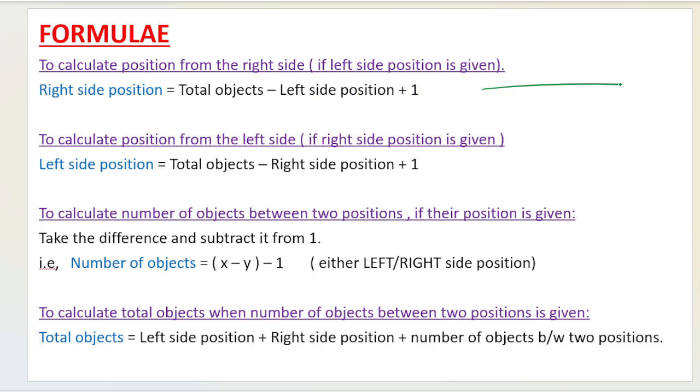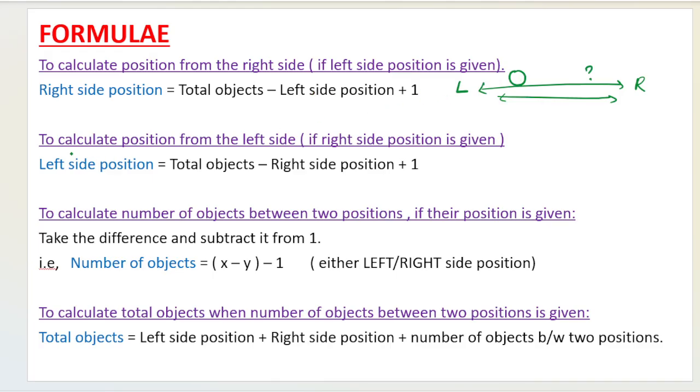If this is a rank, so this is left and this is right. Right side position is equal to total objects between left and right minus left side position value plus 1.